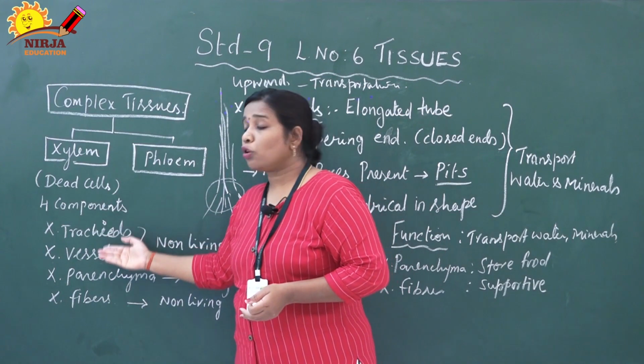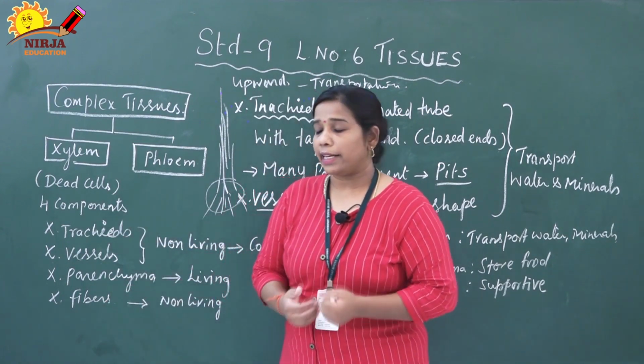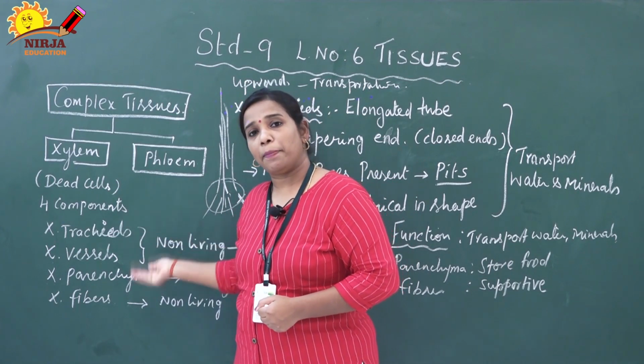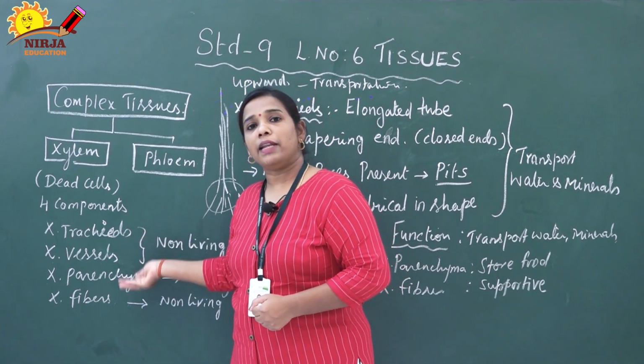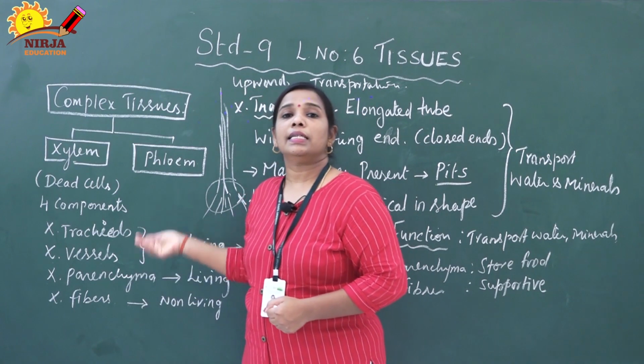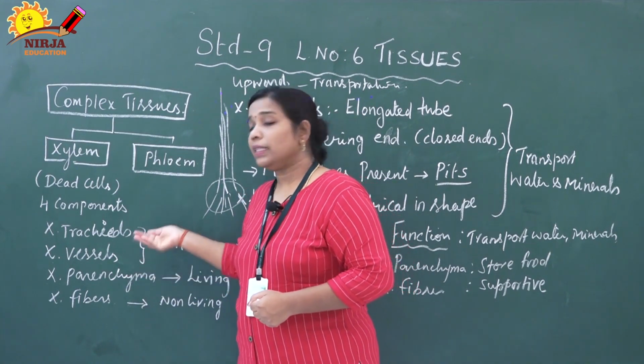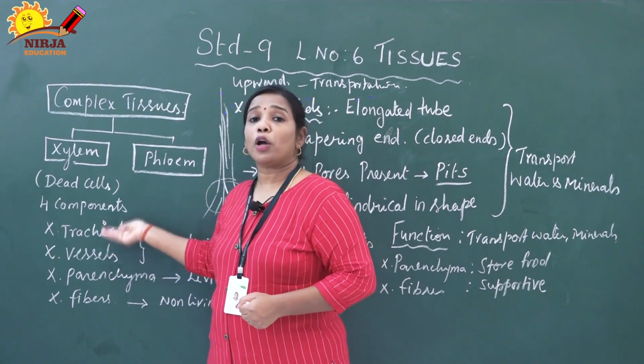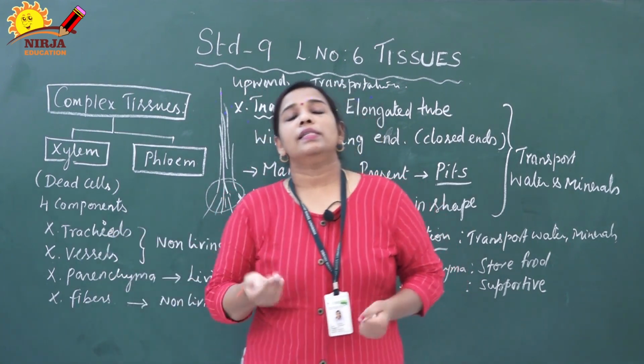Next, there are the four components I told already. Xylem consists of, once again I repeat, xylem tracheids, xylem vessels, xylem parenchyma, xylem fiber. The xylem fiber we can also say is xylem sclerenchyma. Now the xylem tracheids and vessels, these two are the main agents of xylem.